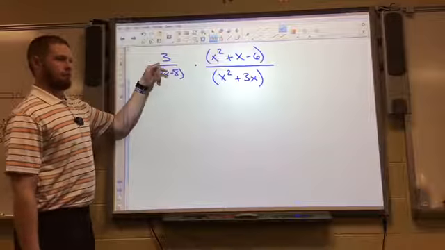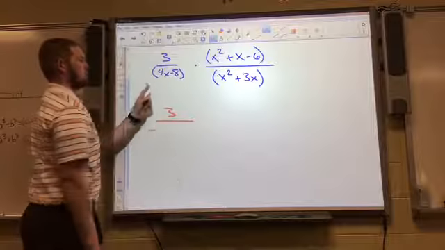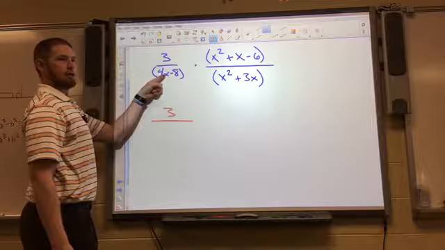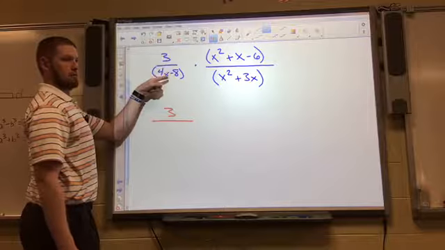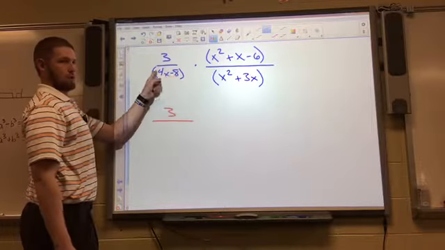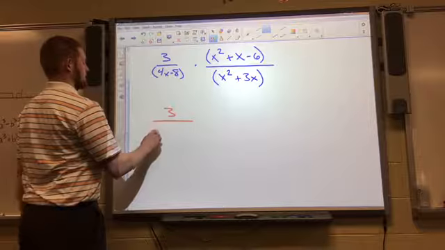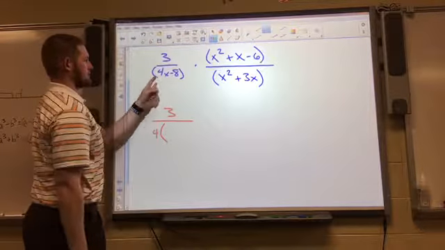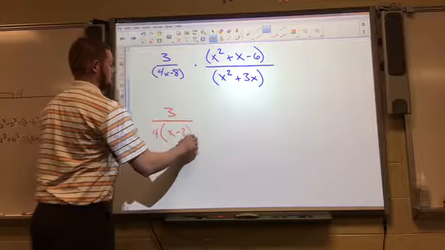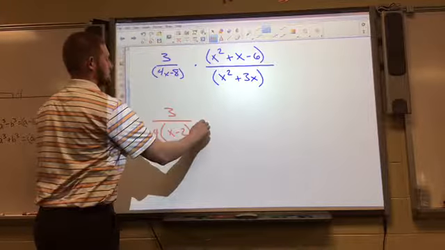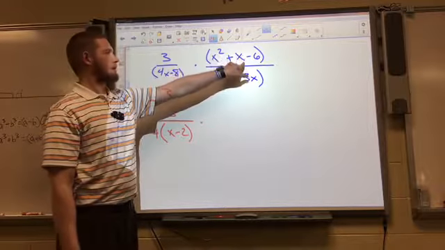I can't factor the 3, obviously, but can I factor the bottom? What can I take out of that? A 4, right? Those are both divisible by 4, correct? Okay, so I take out my 4. Caitlin, what's left on the inside then? X minus 2. Okay, times, how do I factor this? What do I ask myself?